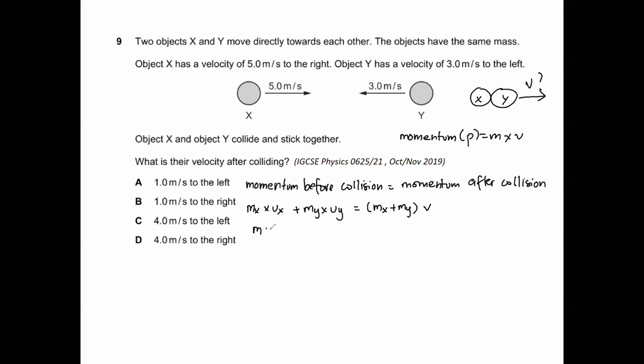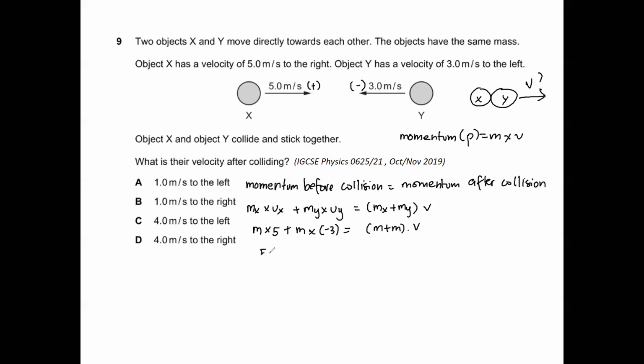So m times 5, plus the mass of Y, which is the same, m times the velocity of Y, which is 3. Because this one goes to the left, it is negative. So right is positive, left is negative. So times minus 3. So this is m plus m times v.